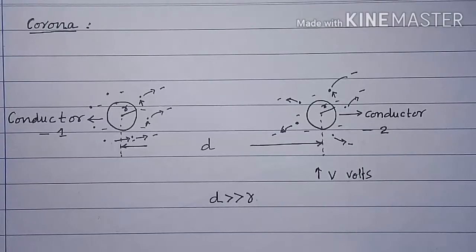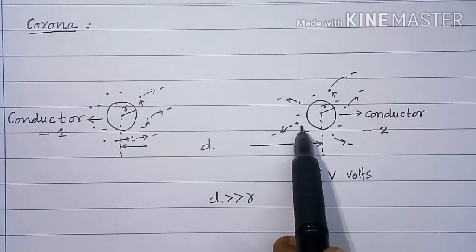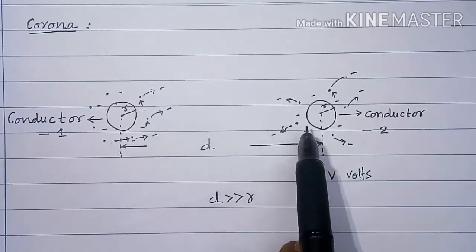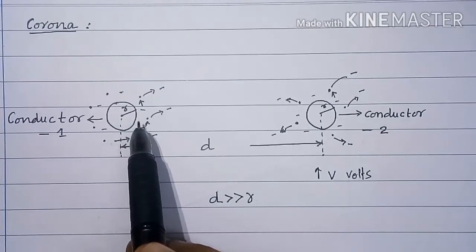In practice, in order to avoid flashover, means if the entire medium between the two conductors gets ionized, then there will be a current flow between the two conductors.